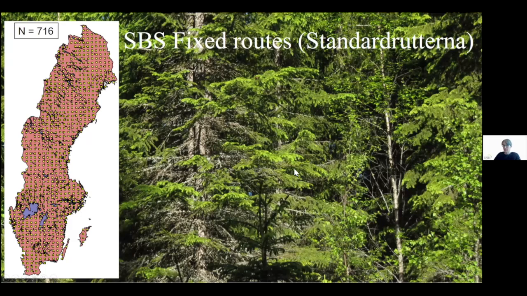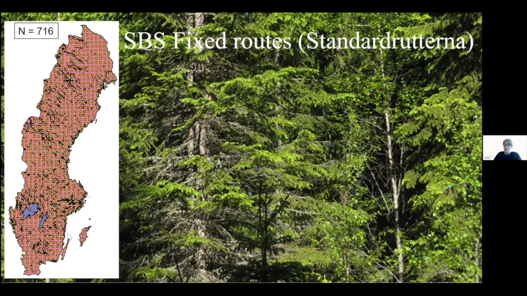The view that you're seeing is the actual path facing a surveyor who's about to count birds along a transect on an actual site. In the program, there are 716 squares, and they are evenly distributed across Sweden. So this means that each habitat in Sweden is surveyed in proportion to how much there is of it in the country.